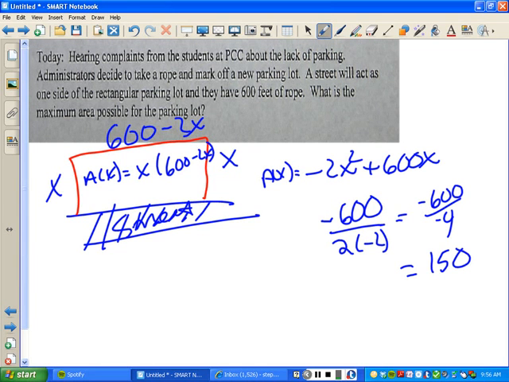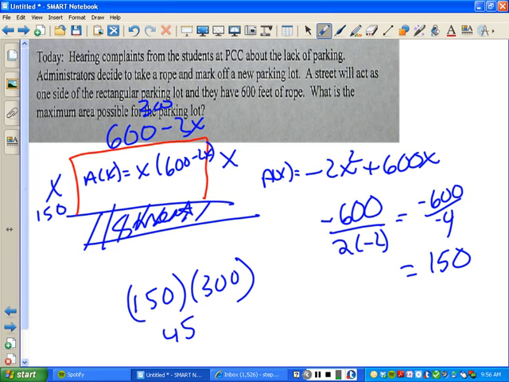So if this side's 150, this side is 300. You've got 300 left over. So your area is 150 times 300. 3 times 15 is 45. It looks like you have 3 zeros.